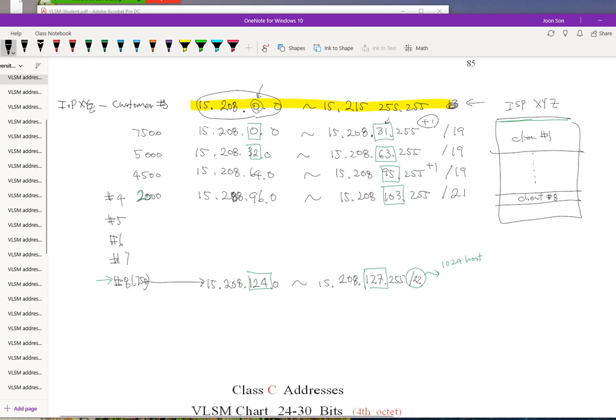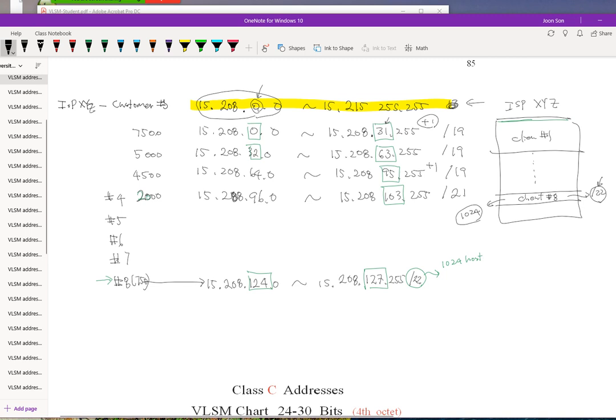And since client 8 has a /22 address space, right, block size, it can accommodate 1024 IP addresses with the /22.